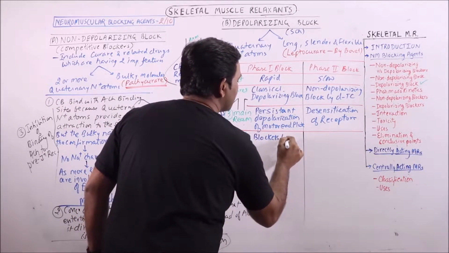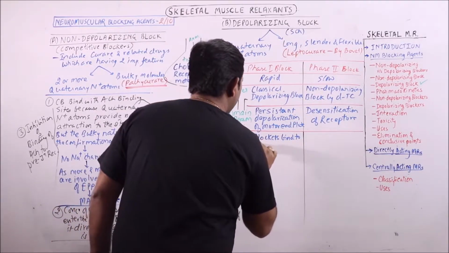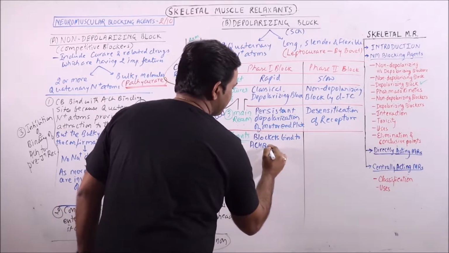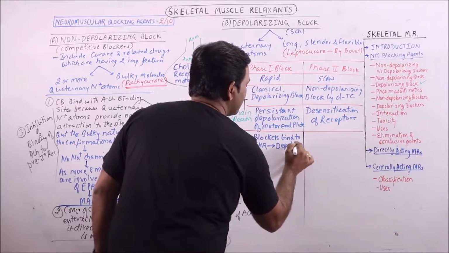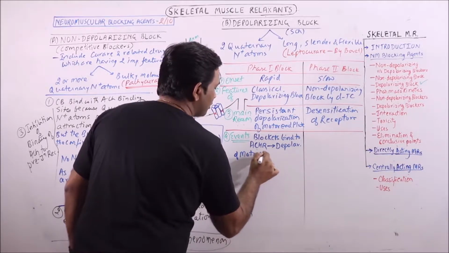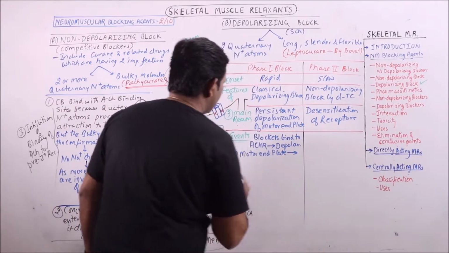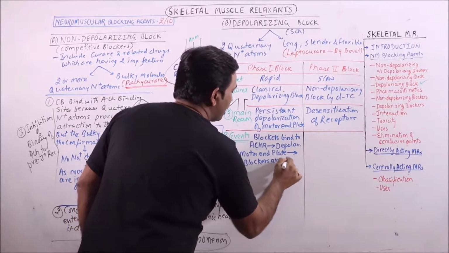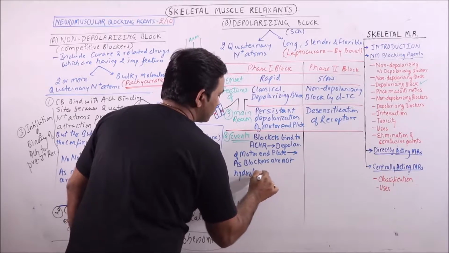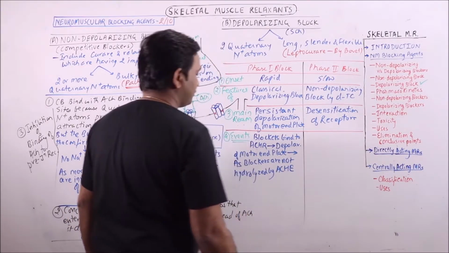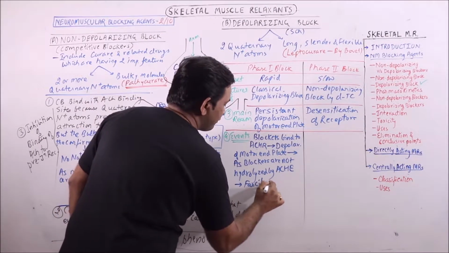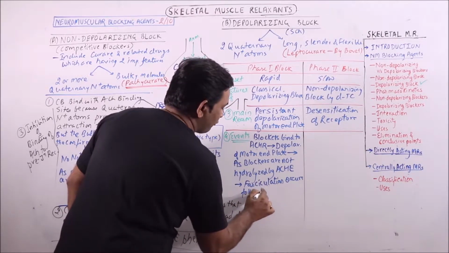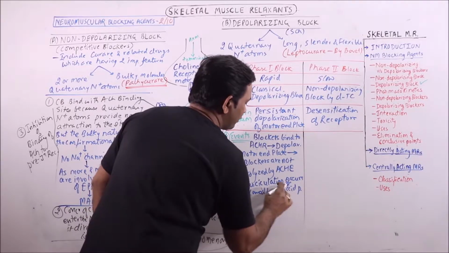Blockers like succinylcholine bind to acetylcholine receptors and result in depolarization of motor end plate, but as blockers are not hydrolyzed by acetylcholinesterase, so initially fasciculations occur that are followed by flaccid paralysis.